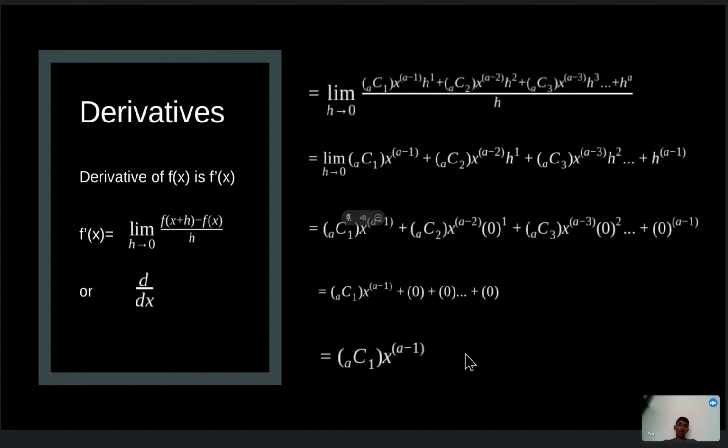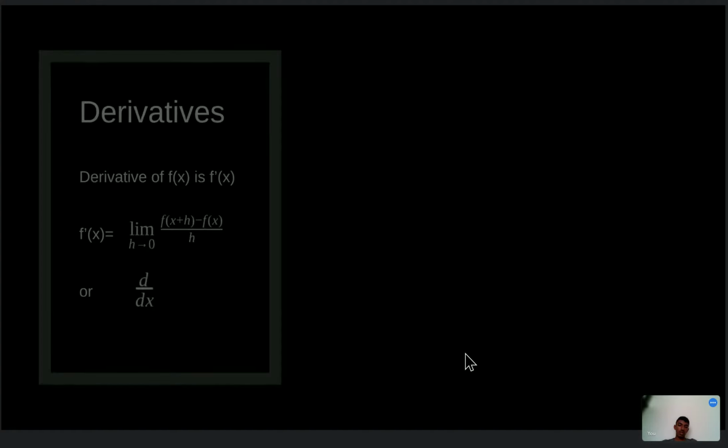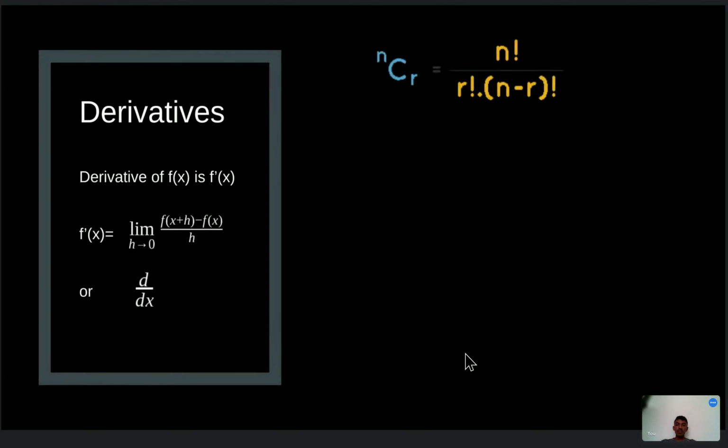And now we can simplify this even further, because we know that n choose r equals n factorial divided by r factorial times n minus r factorial.